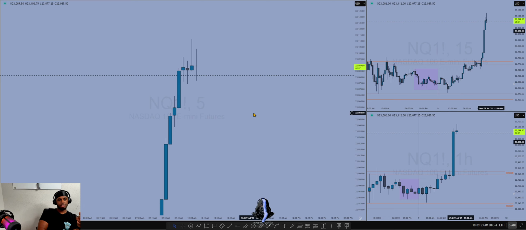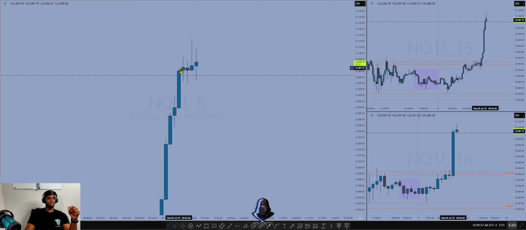Look, you see how this body is closing inside of this price action right now. It's still part of consolidation.